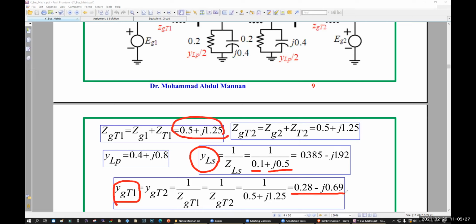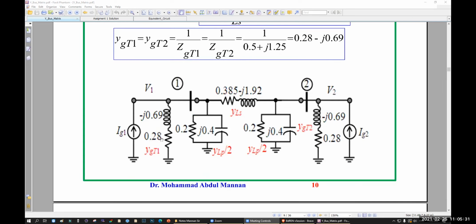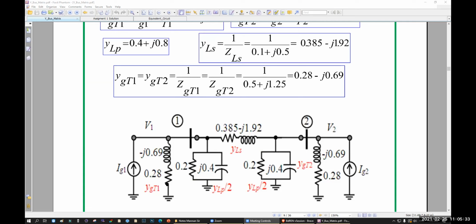So you got these: the shunt admittance for generator 1 and transformer 1, for generator 2 and transformer 2, and the line admittance for your transmission line.